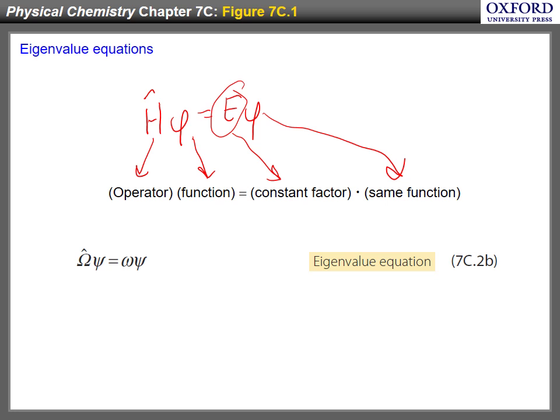This can be rewritten in a different form, which is its eigenvalue equivalent, in which we have an operator denoted by uppercase omega, and the constant is denoted by a lowercase omega.